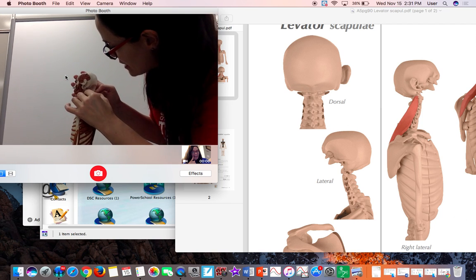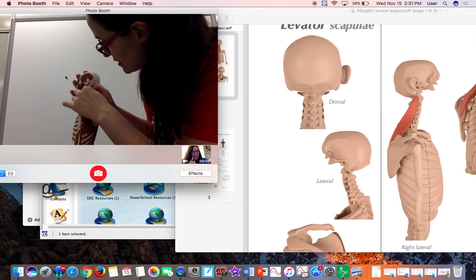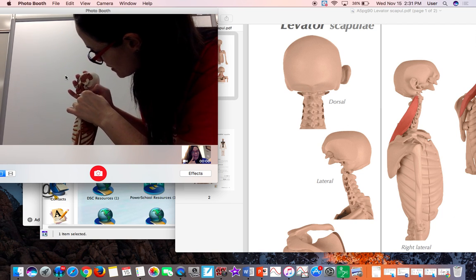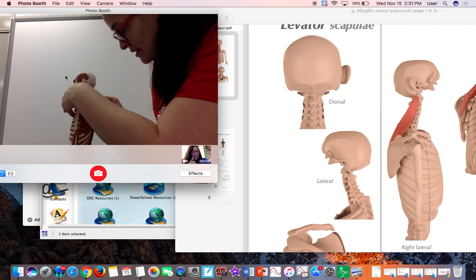I think I'm going to attach it to my cervical vertebrae first. And press it down. And I'm going to turn it back towards my scapula.